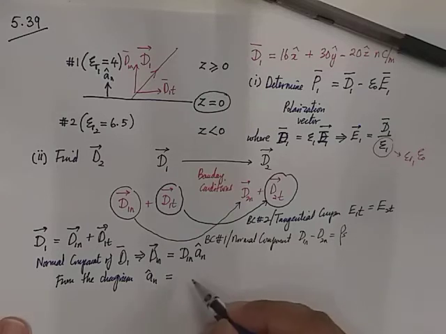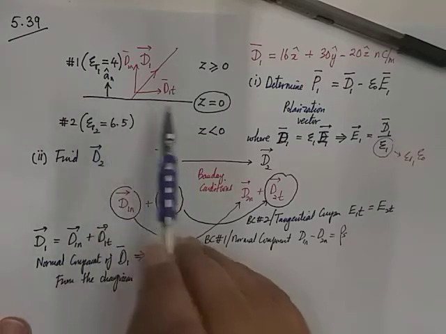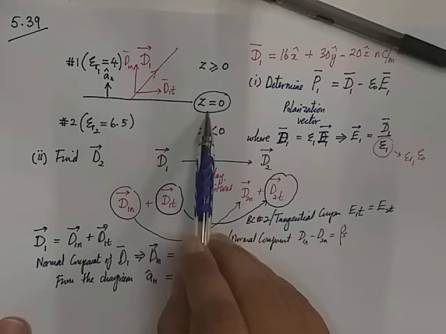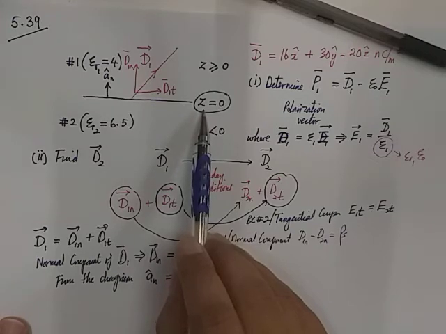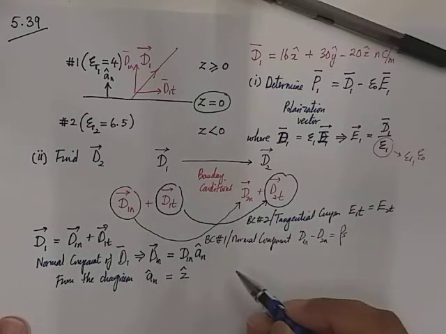Good, it should be equal to z, because the unit vector is normal to the boundary. The boundary is given by z equal to 0. Therefore, the AN must come from this expression. So by definition, the unit vector normal to z equal to 0 is z. So that's done. Now I want to find the magnitude.